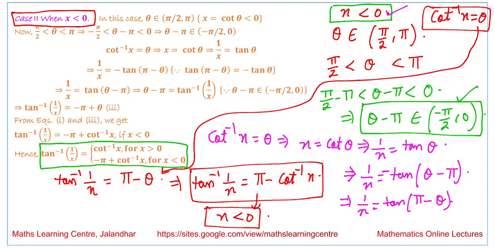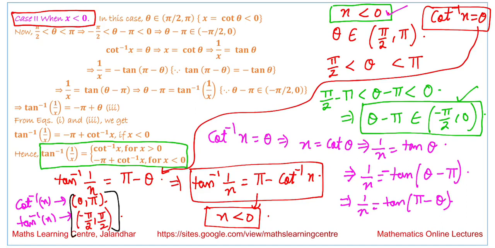You can understand this in the way that when we are talking about the function cot inverse of x and the function tan inverse of x, the principal values lie in the intervals: for cot inverse it is the interval 0 to pi, and for tan inverse it is minus pi by 2 to pi by 2. When the values are positive, the angle lies between 0 to pi by 2, and it is common for both.